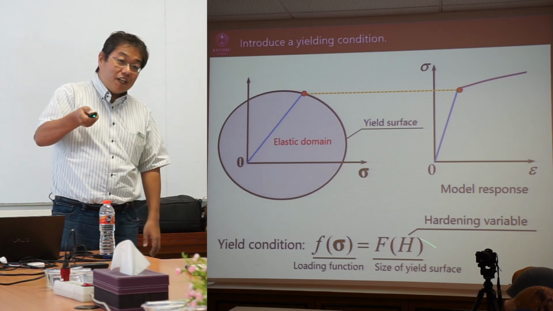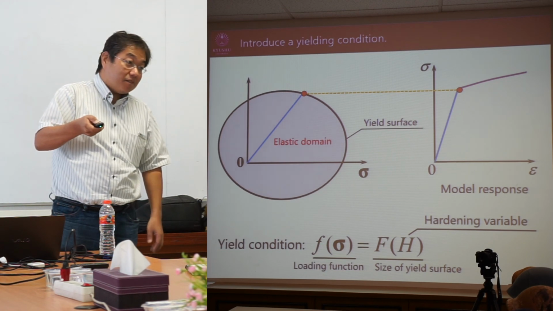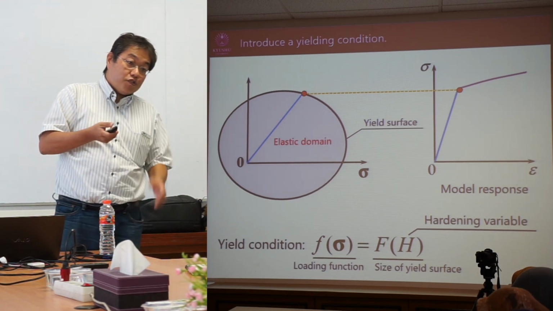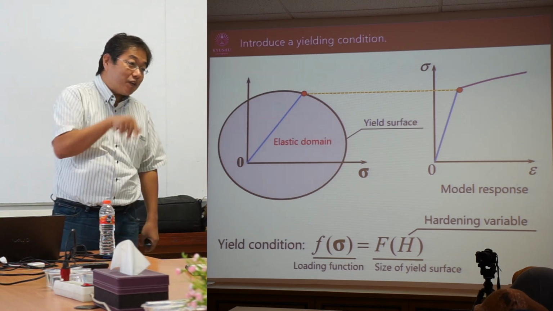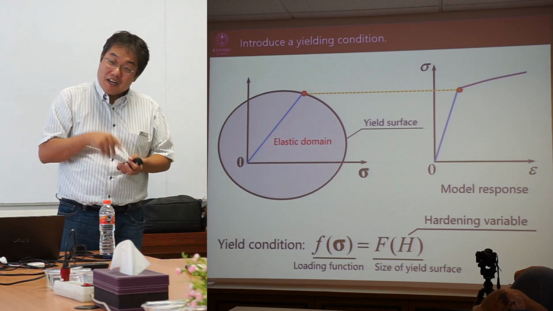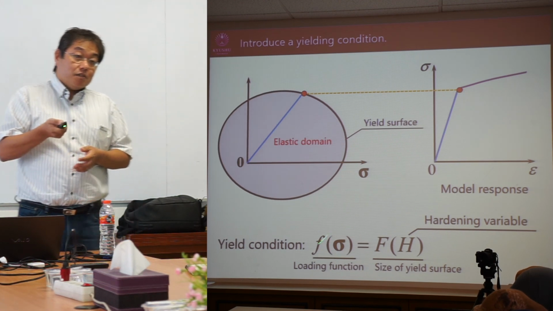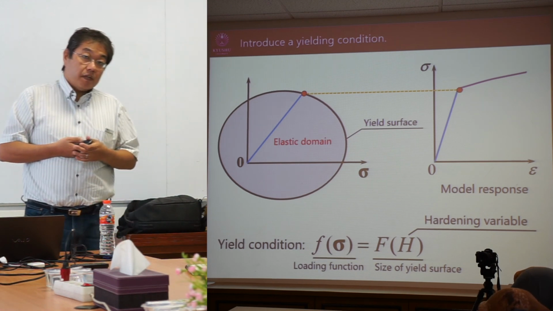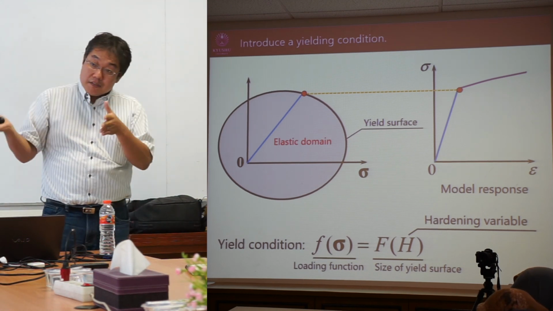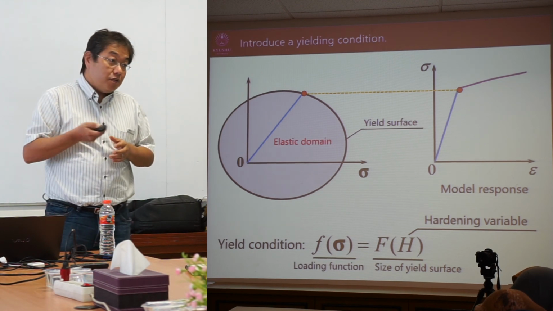If we want to shift the circle, for example, we write x minus a squared plus y squared. So this is the shape. We apply the same manner to the yield condition, which we call the yield condition.